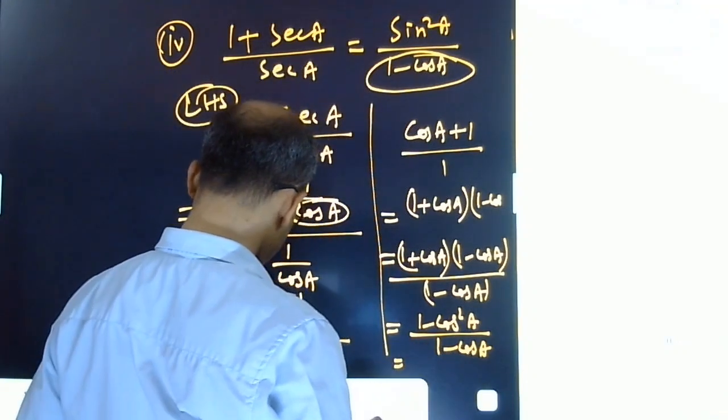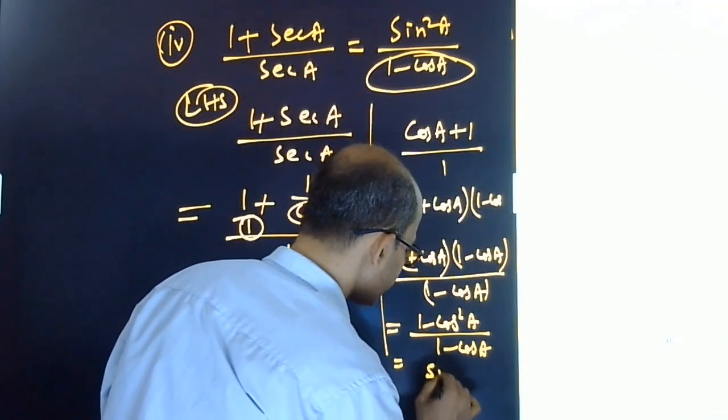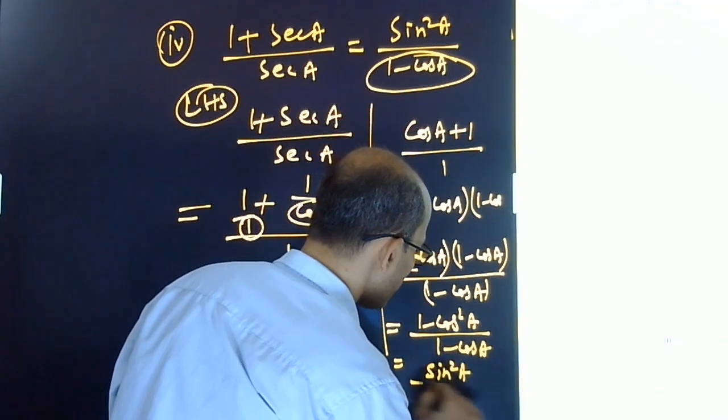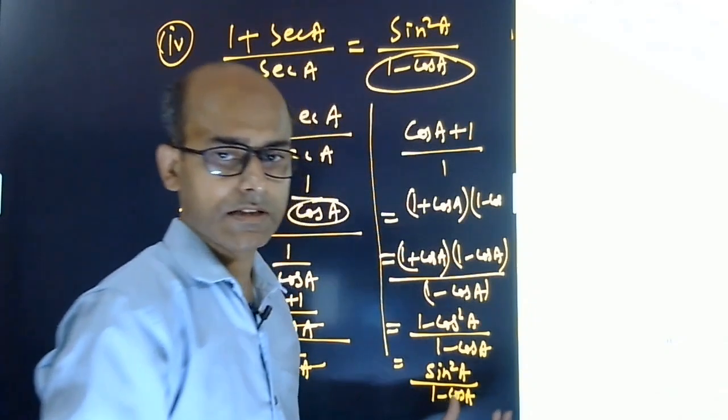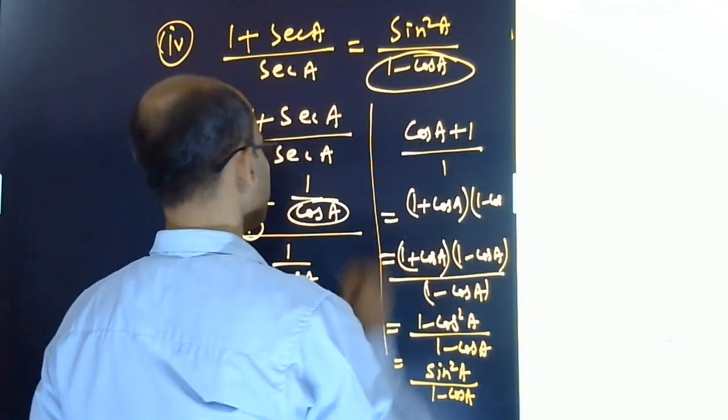Sin square A divided by 1 minus cos A. So this was the RHS which was asked, and we have proved it.